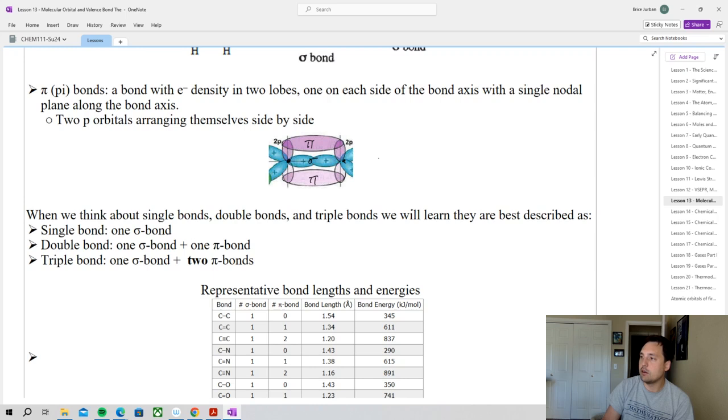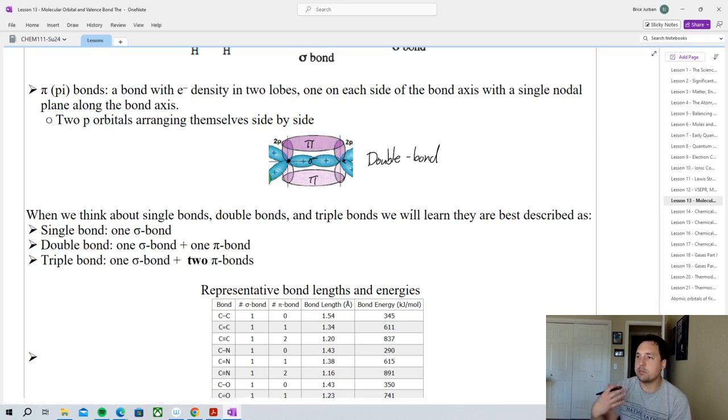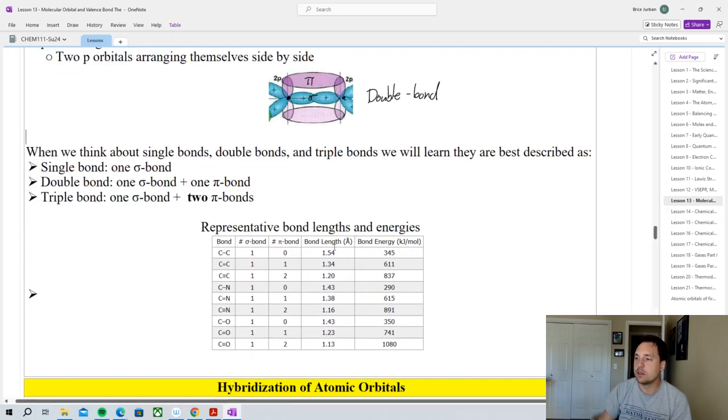So right here, we can see a double bond shown here. Even though it looks like there's two pi bonds here, this is just one pi bond. Each pi bond has a lobe on both sides. So I'll just get rid of that pi symbol there. And then a triple bond is made up of one sigma and two pi bonds.